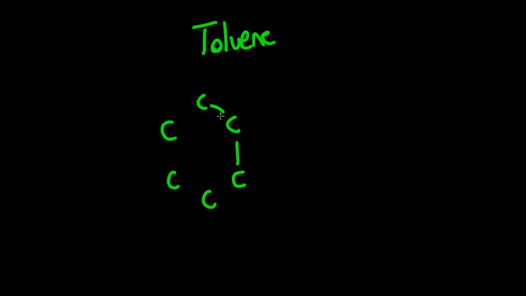So I have another molecule. My next molecule is going to be called toluene. Okay, and all it is is a benzene molecule. So we'll do my 6 carbons, and I'll draw my little resonance circle. But benzene is going to have a methyl group in place of one of the hydrogens.